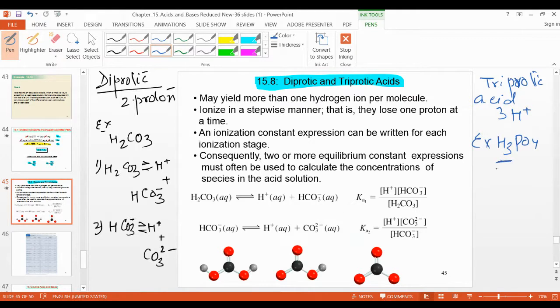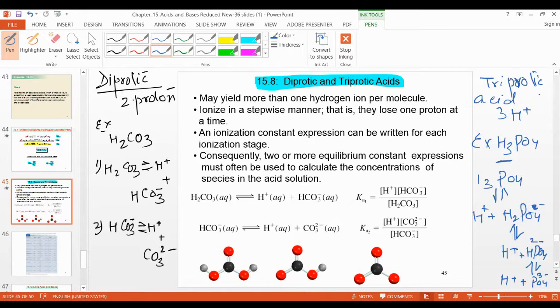It contains 3 protons, so it has 3 dissociations. How are there 3 dissociations? H3PO4 dissociates into H plus and H2PO4 1 minus, then this again dissociates into H plus and HPO4 2 minus, then this again dissociates into H plus and PO4 3 minus. So in this way there are 3 dissociations.